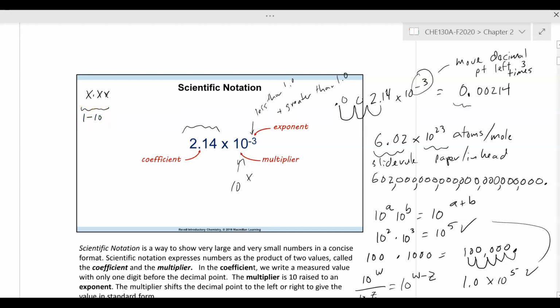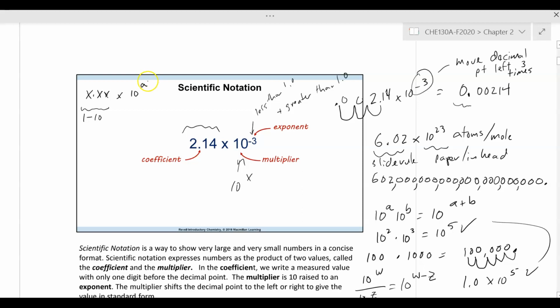It won't ever be 10. It could be less than 10, and it won't ever be below 1. And then we multiply it by 10 raised to some power, and that exponent moves the decimal point back and forth as we convert between those.